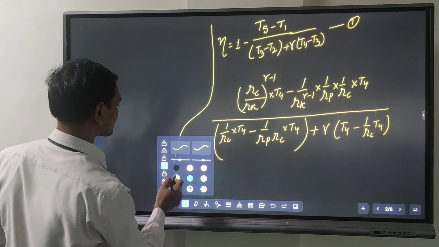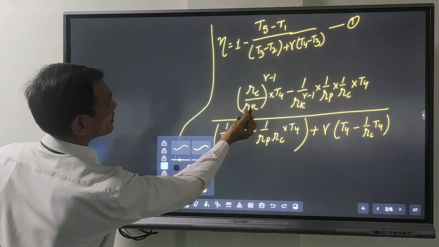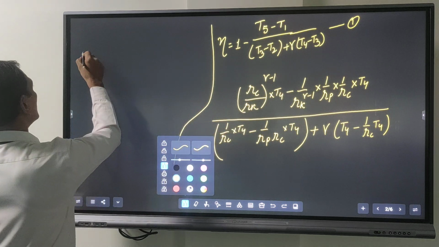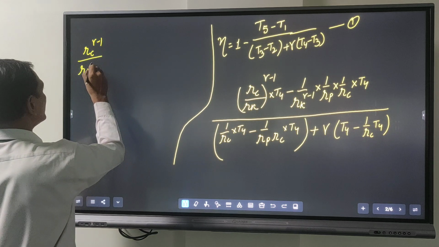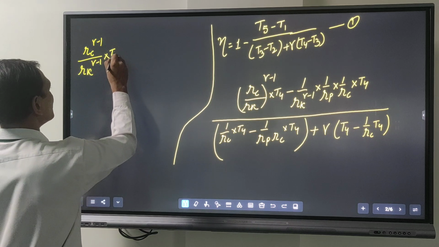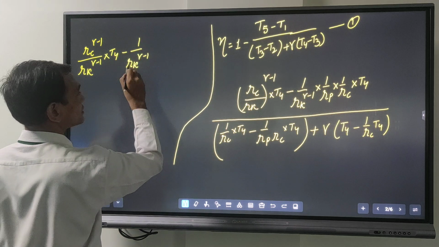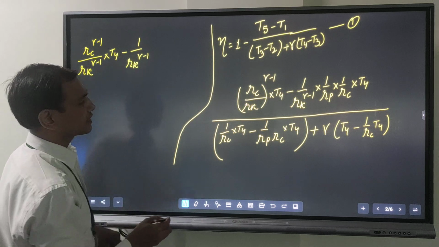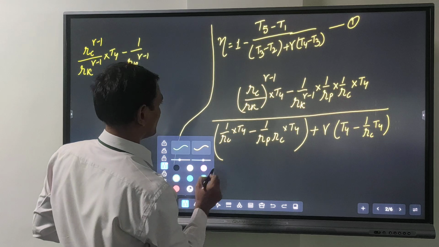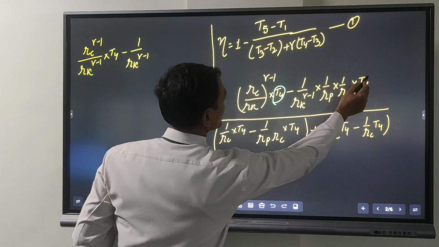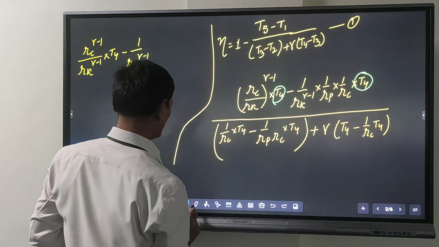Now we can write here Rc to the power gamma minus 1 by Rk to the power gamma minus 1 into T4 minus 1 by Rk to the power gamma minus 1, and T4 is common.